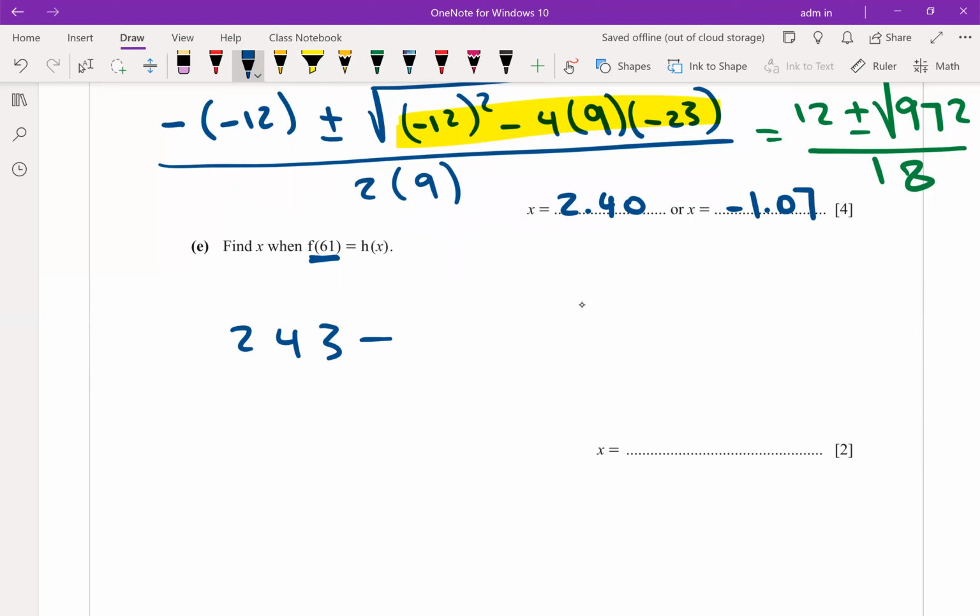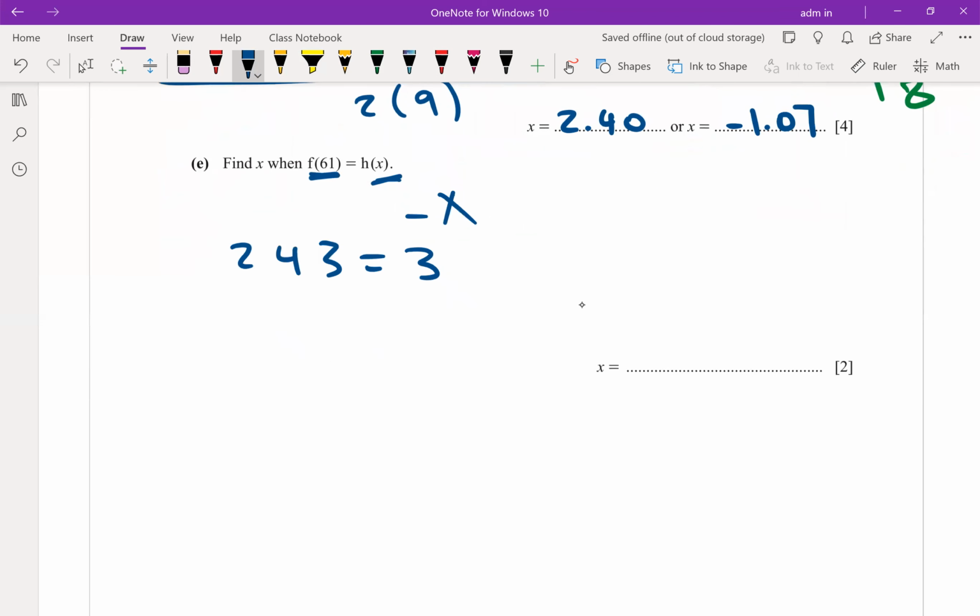243 equals h of x, which is 3 to the power of negative x. How to write 243 as base 3? It will be 3 to the power of what? You can use trial and error: 3 to the power of 1, 3 to the power of 2, 3 to the power of 3, 3 to the power of 4, 3 to the power of 5.